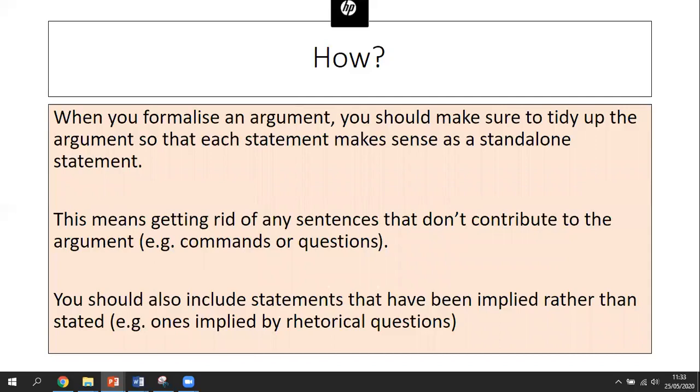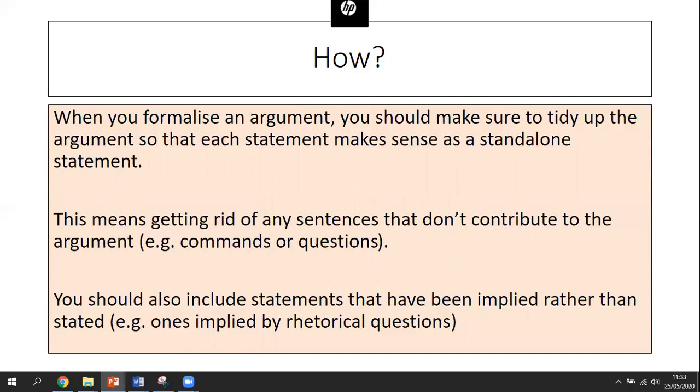You could maybe cut out some words so it just gets to the point. This means getting rid of any sentences that don't contribute to the argument, such as commands or questions. So, thinking back to what you've already done, you do not have commands, questions, or exclamations in an argument because they are not statements. They don't have a truth value. They don't contribute to the argument.